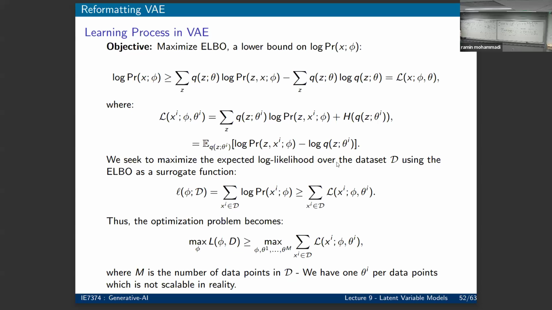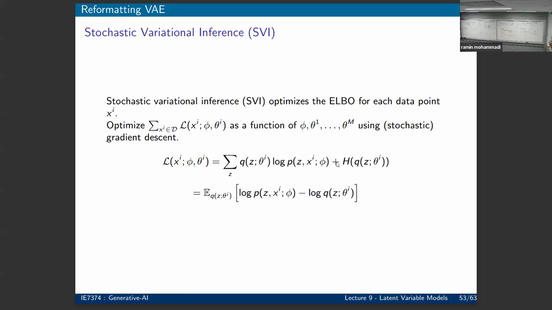So the challenge here is that it's not going to be scalable, because if your data set is large, you keep adding thetas for the encoder part, for the latent variable part. So that's the difficulty so far, because again, we have one theta per data point.